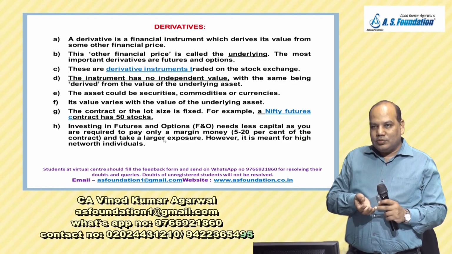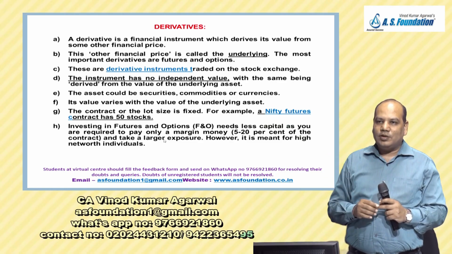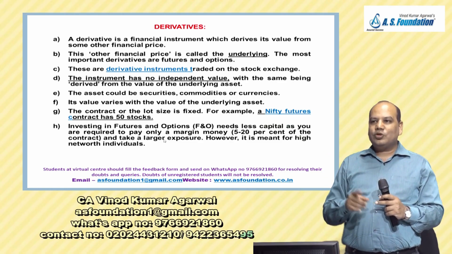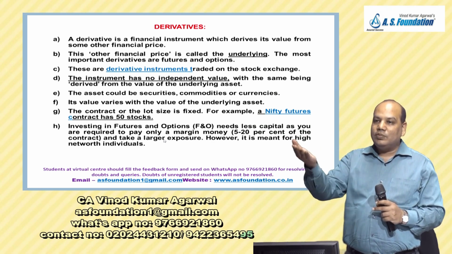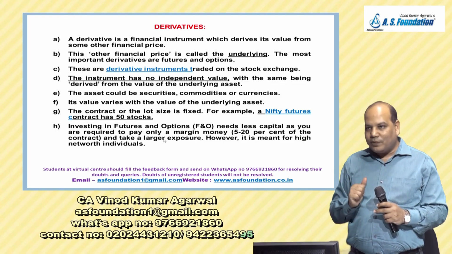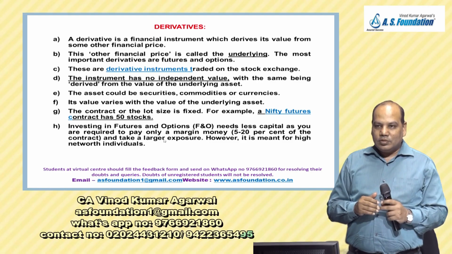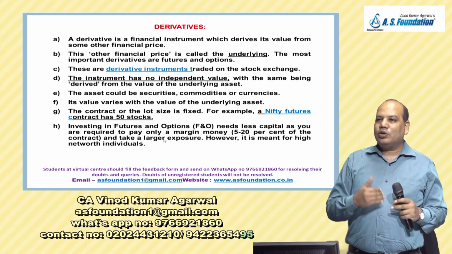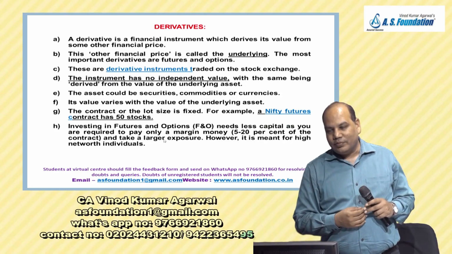Gold future, and you have to pay margin money of say 10%, 3 lakh rupees. When you take a position on 1 kg gold by paying a margin money of 3 lakh, if the price increases by 2 lakh, here also you'll make a profit of 2 lakh. But see the difference. If you buy physical gold, you have to invest 30 lakh to make a profit of 2 lakh.